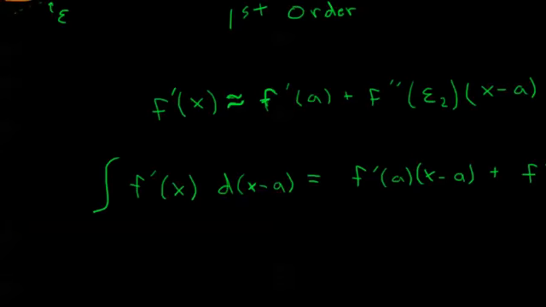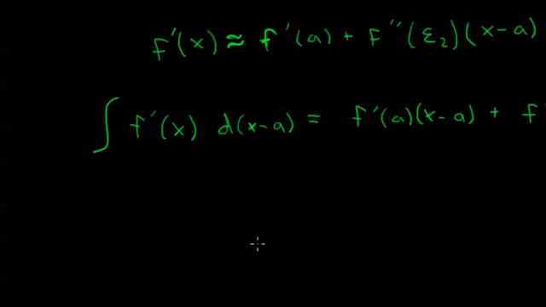And so I'll come back down here, and I'll rewrite this in a simpler form. I'll use yellow. So the integral of f prime of x is f of x.